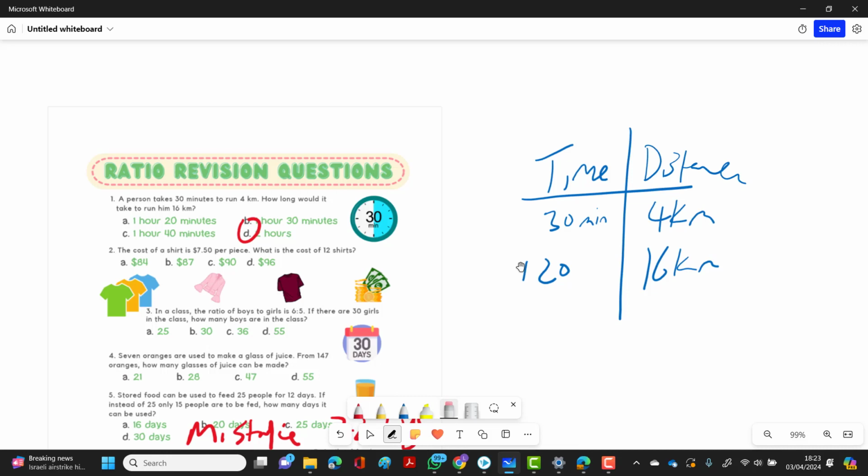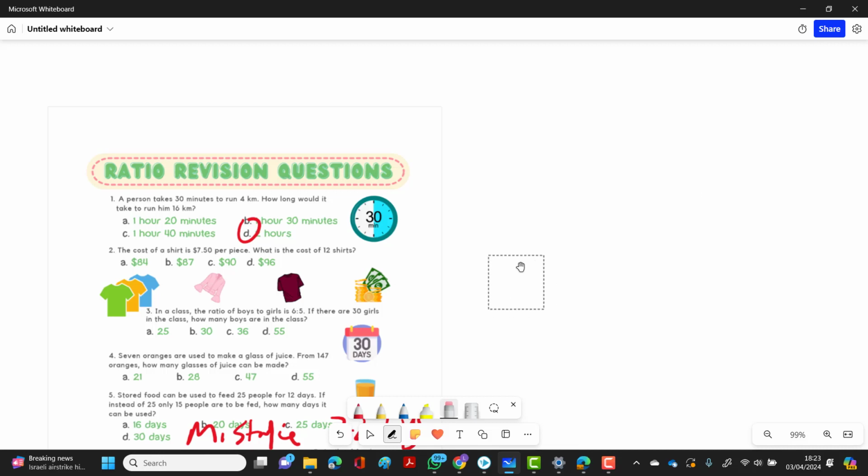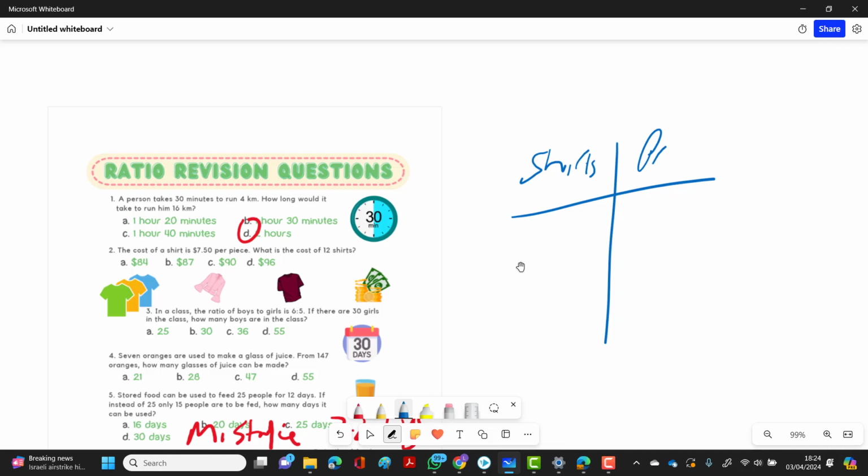Okay, number 2. The cost of a shirt is £7.50 per piece. What's the cost of 12 shirts? So we're doing shirts and price. So 750p, one shirt.